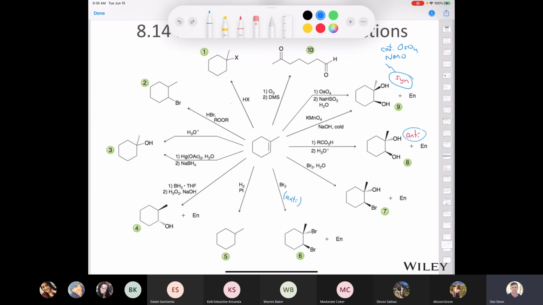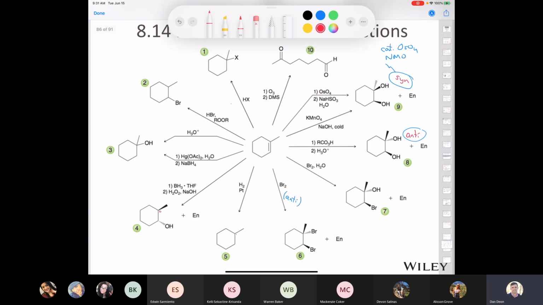All right, so going back to number 1 again, and I'm repeating this for the second time today: Markovnikov addition of HBr or HCl, anti-Markovnikov addition of HBr, Markovnikov addition of water, which is susceptible to carbocation rearrangements, oxymercuration, demercuration. This is the Markovnikov addition of water without carbocation rearrangements, hydroboration oxidation, which is anti-Markovnikov addition of water.